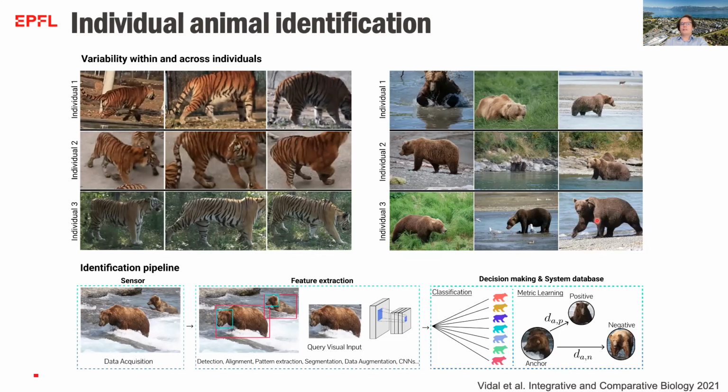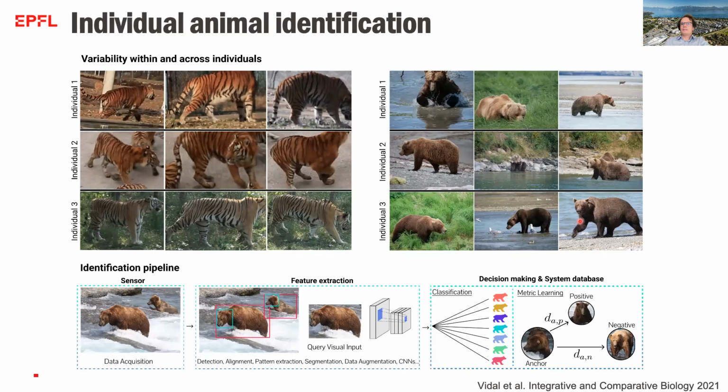So we want to make sure that in our latent embedding, this same individual is as closely as possible embedded as the anchor individual. And we will also sample a negative individual, for example, this one. And we want to make sure that this distance is as large as possible and this one is as small as possible. And this is a so-called metric learning approach, where one can learn an embedding that then can be used to perform individual identification.